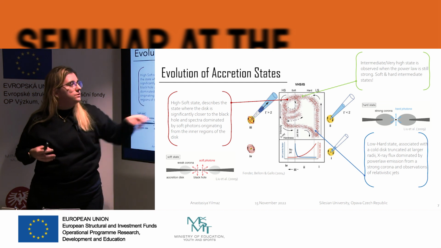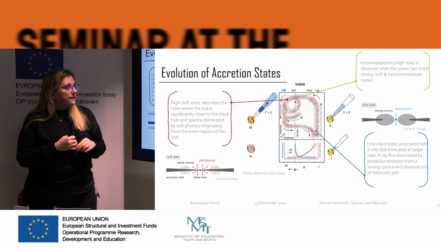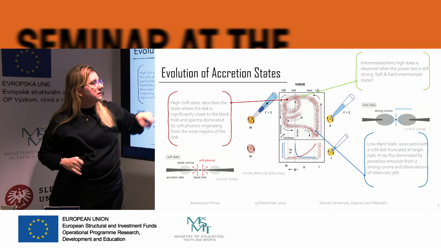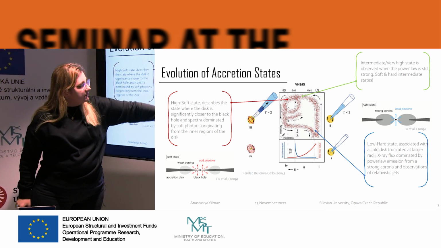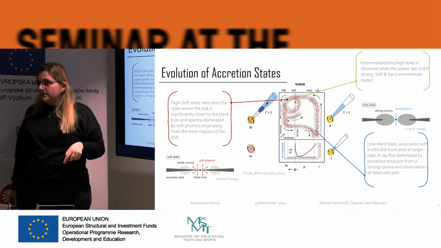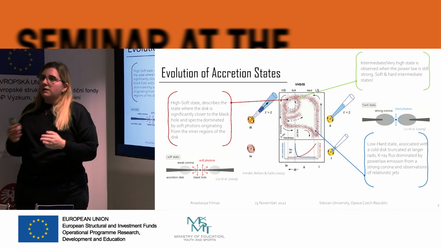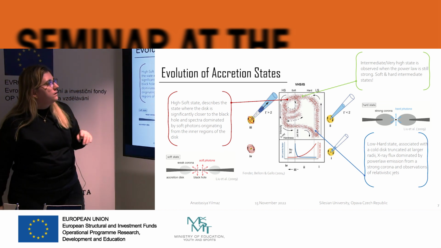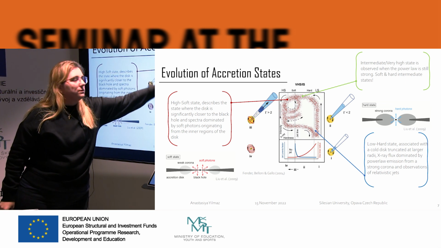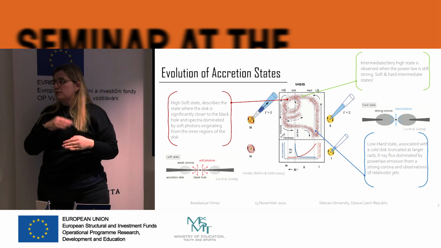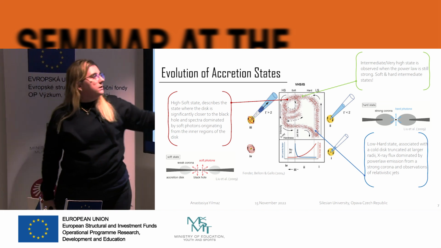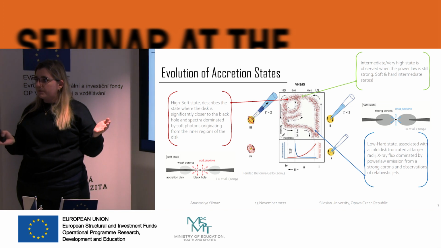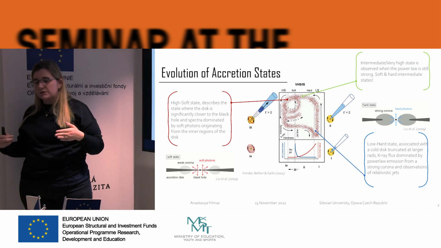On the sides, you can see the evolution of the accretion disk in relation to the relativistic jets. There's this line in the middle called the jet line, which tells you at what state you can observe the relativistic jet or you cannot. As you start to have a bit more X-ray and even UV emission, you are transitioning through the intermediate state or the very high state, which is also divided into two depending on how hard or soft your spectrum is.